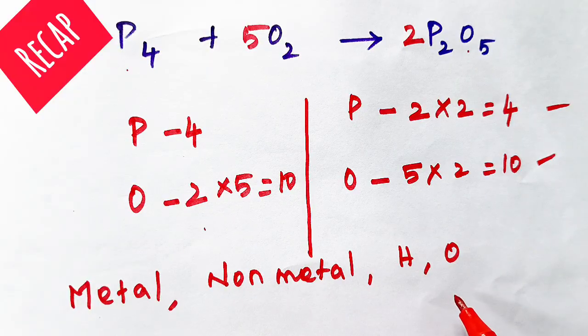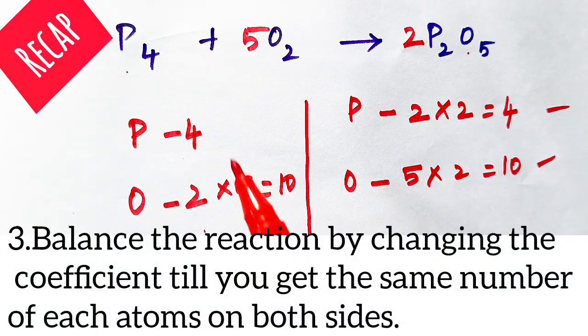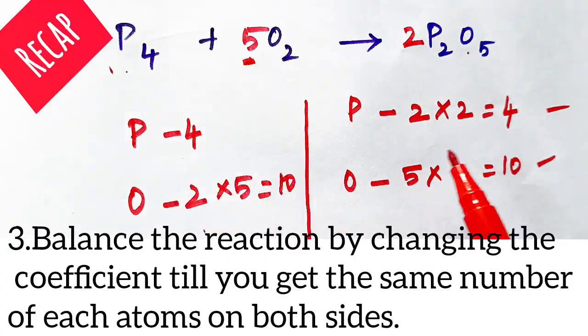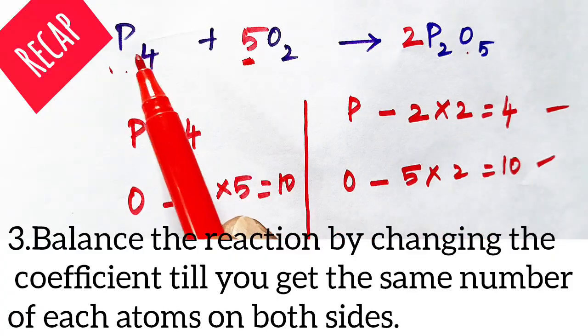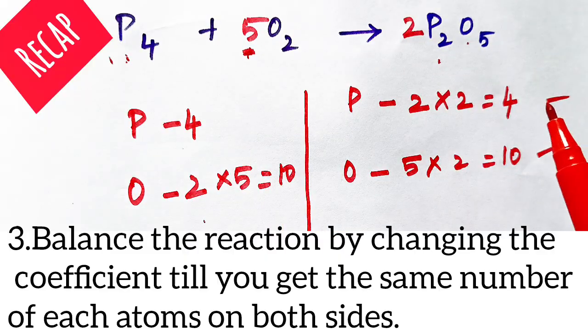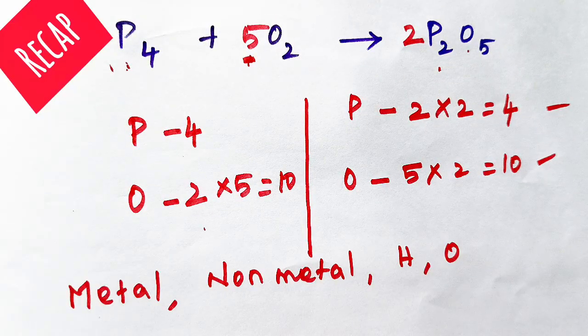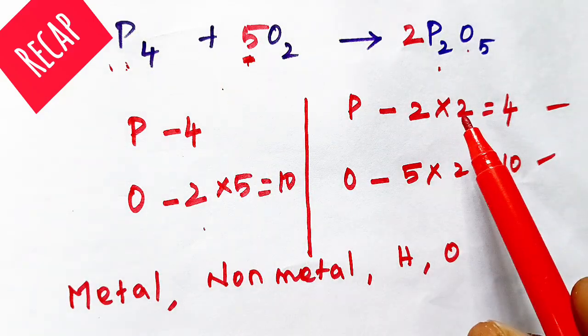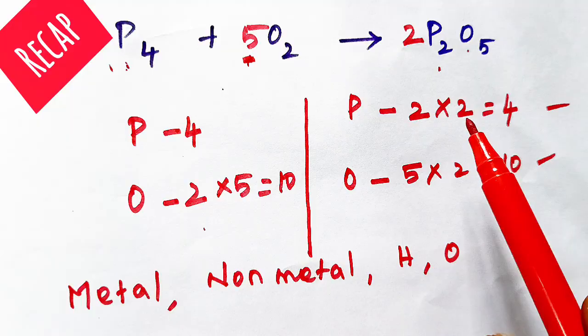This order is just to simplify your process. Then you have to continuously adjust the coefficients and recount the atoms until the number of atoms is the same on both the reactant side and product side. One more point to remember is, if you have polyatomic ions on both the reactant side and product side, then you consider them as a single unit.